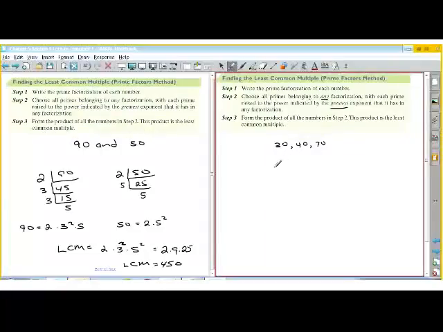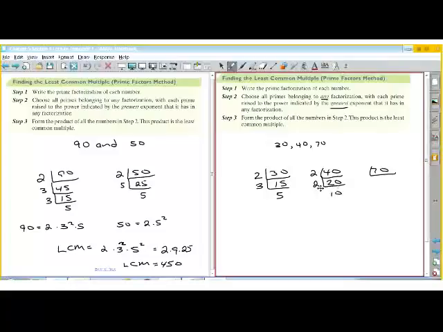So the same thing. Now we're going to do 3 of them. You use the same procedure for 3 of them. So you do the prime factorization of all 3. For 30, we'll get 2, 3, and 5, so 2 times 3 times 5 is 30. And then we do 40.